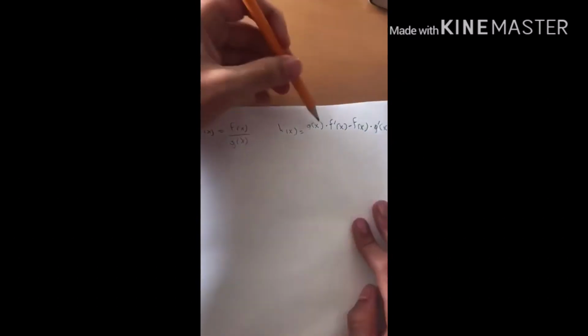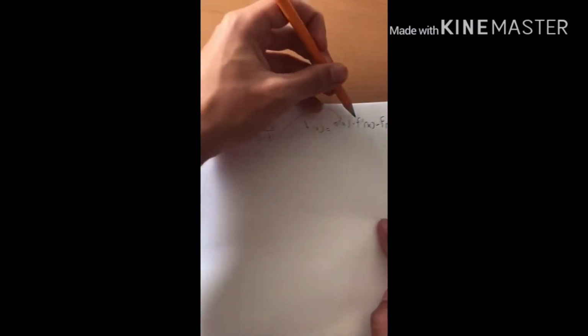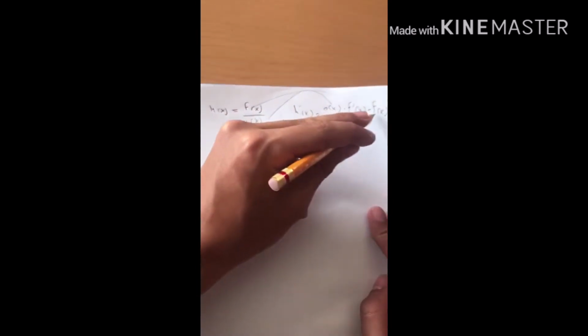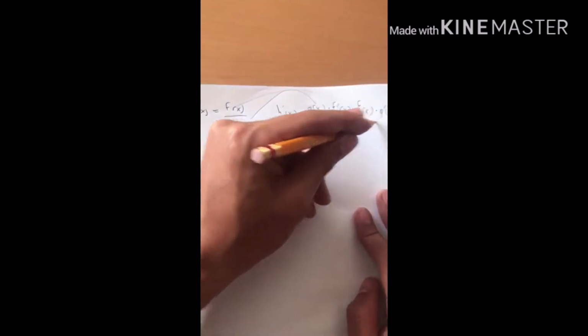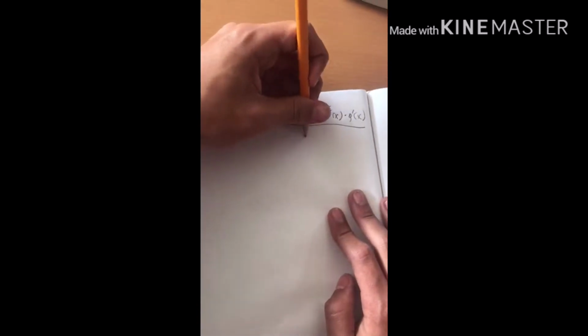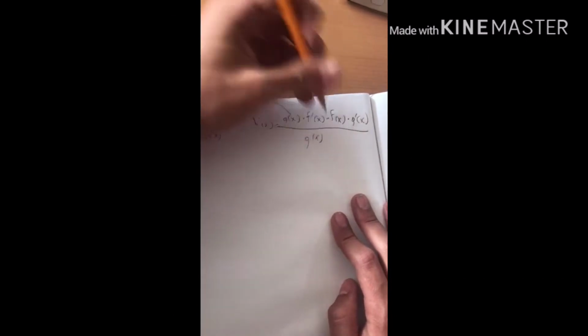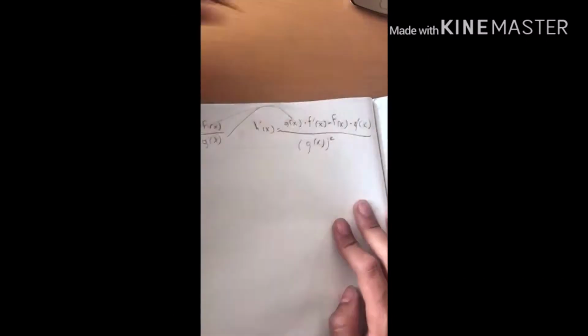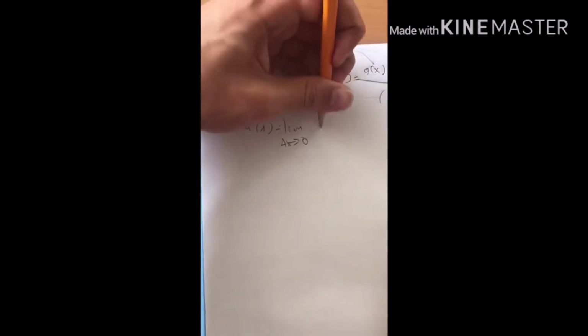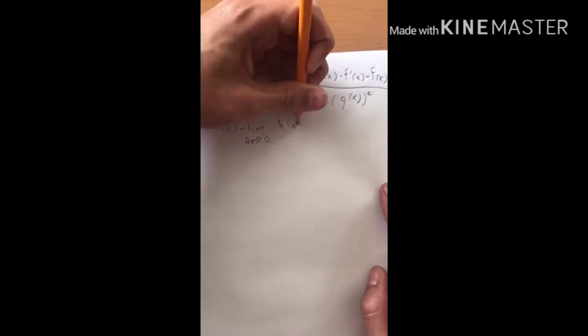What does this mean? The one from below times the derivative of the top, minus the top as it is times the derivative from below, divided by the one from below squared. Now, in order to put this expression in the definition of the derivative, we need to substitute the needed values.